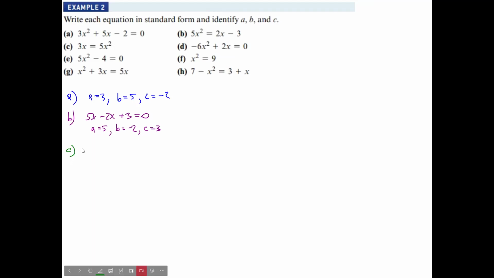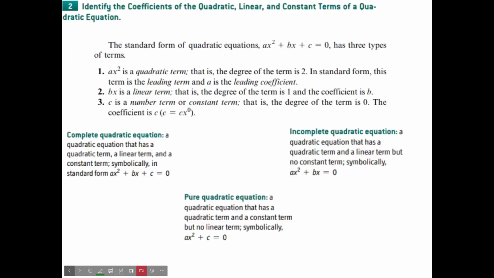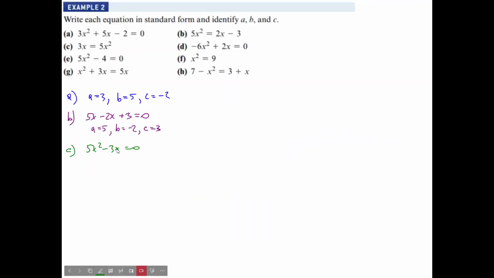So c, 5x squared minus 3x equals 0. So what is it called? Incomplete quadratic equation. How do we solve it? Take x outside. One solution will always be 0, right? We come to that. So a is 5, b is minus 3, and c is 0.